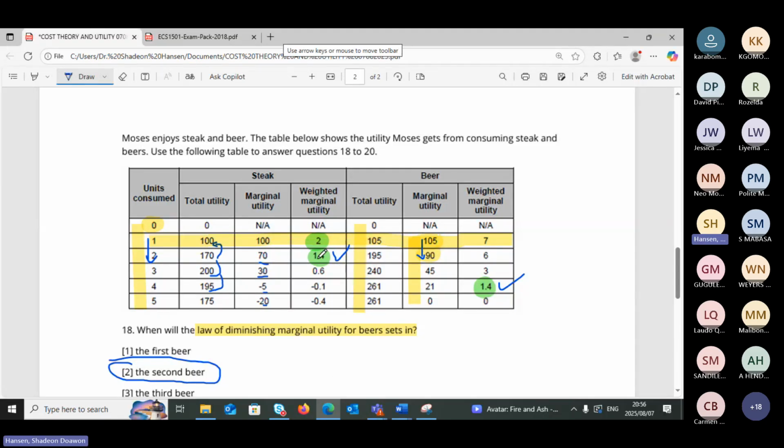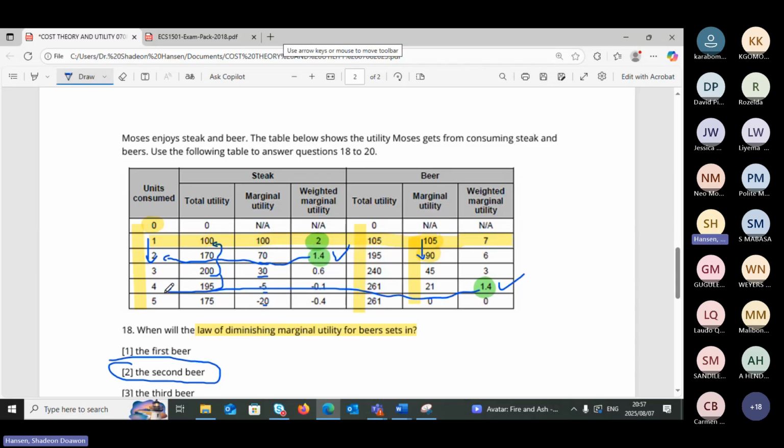It appears over here and it appears over there. What that means, students, is we now look at the quantities. So the optimal bundle for consumer equilibrium over here is 2 steaks. You go to the quantity over there, that's 2 steaks, and you go to the quantity over here for beer, that would be 4 beers.